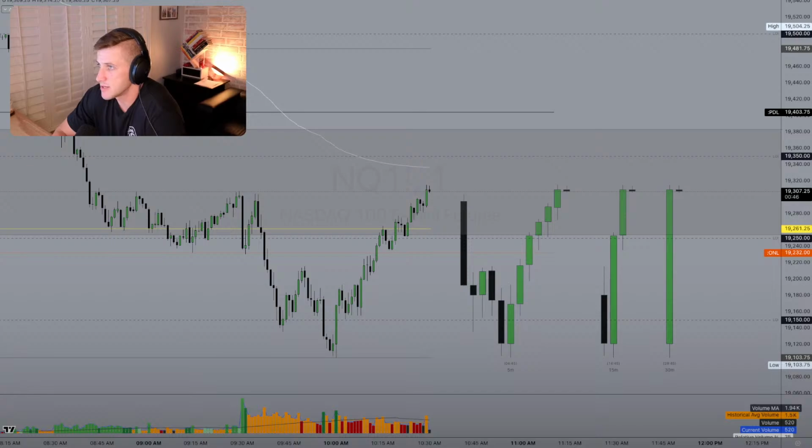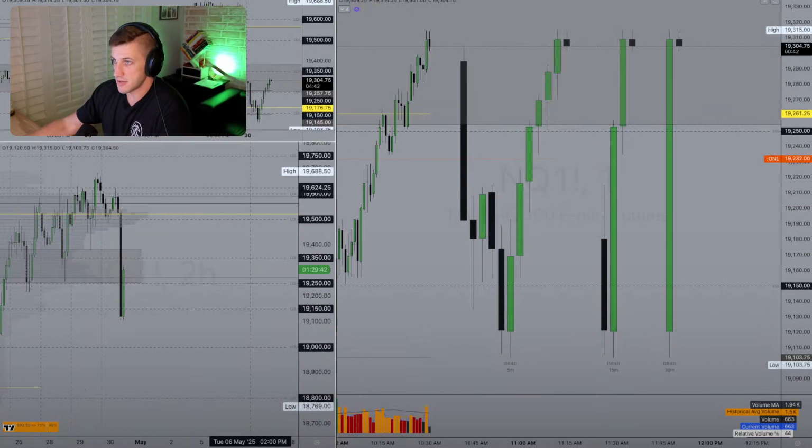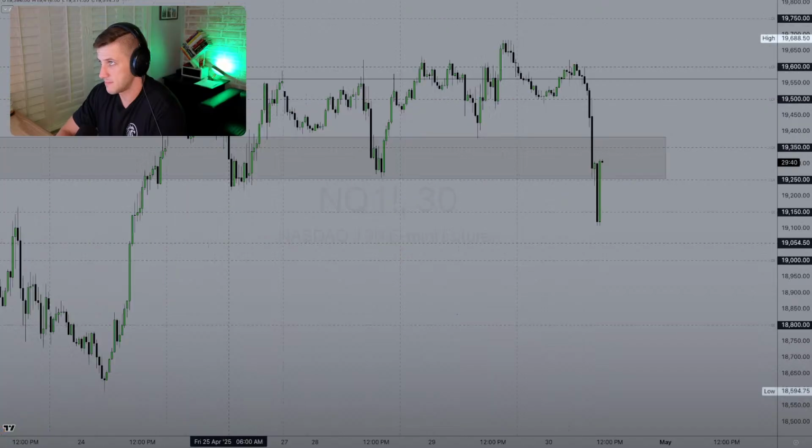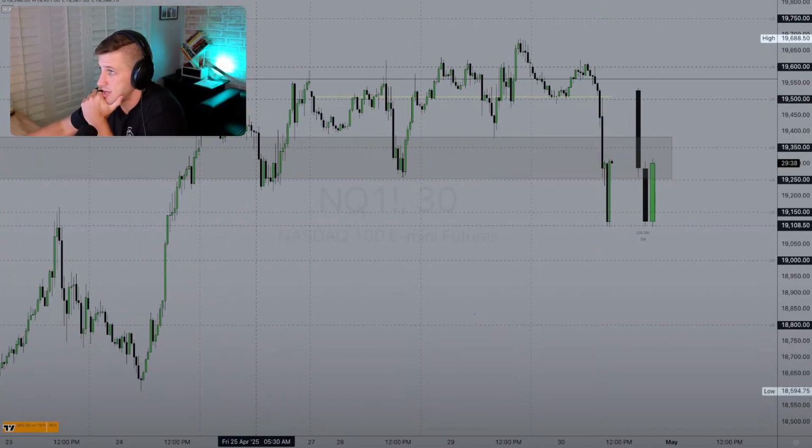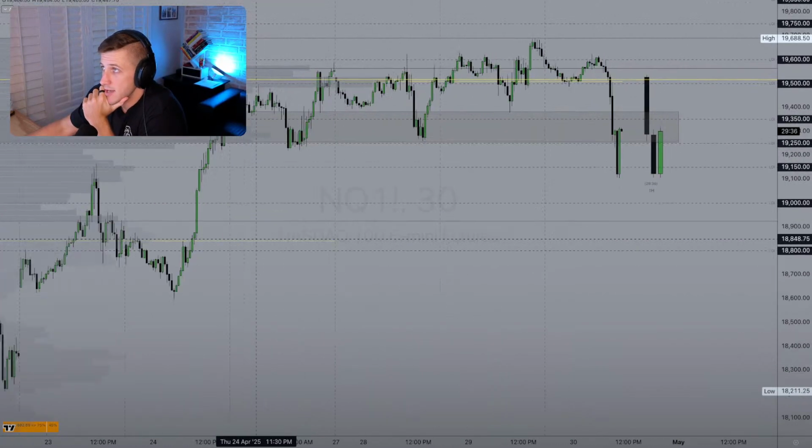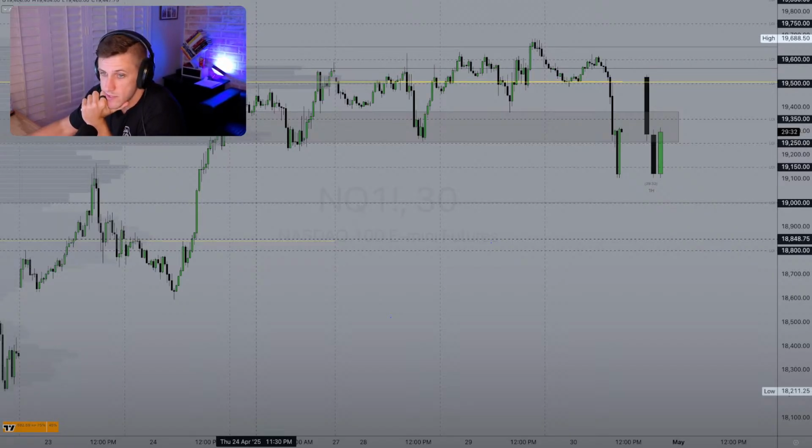Yeah, 15 minutes looking good. Let's check our 30. Look at the 30, my goodness. If this 30-minute bar can show some confirmation, we pretty much have the higher time frame spring.